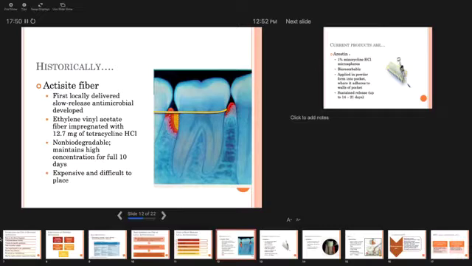So it was non-biodegradable, which means that it maintains a high concentration for a full 10 days. It was expensive, or is, and difficult to place. Actisite fiber is not something that's available in the US currently, but it helped lead the way for some of the local antimicrobials we place now.